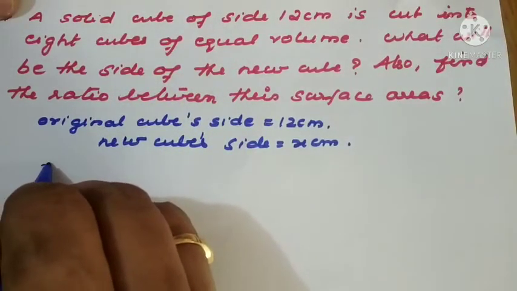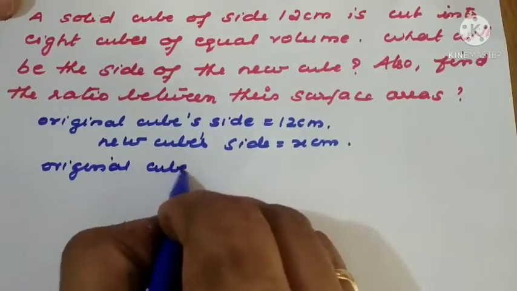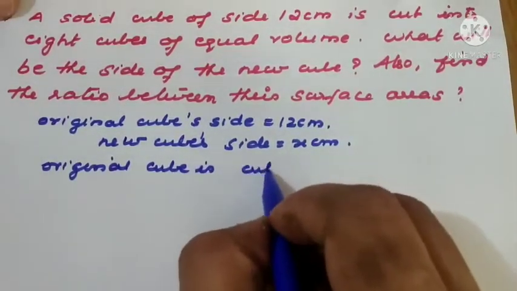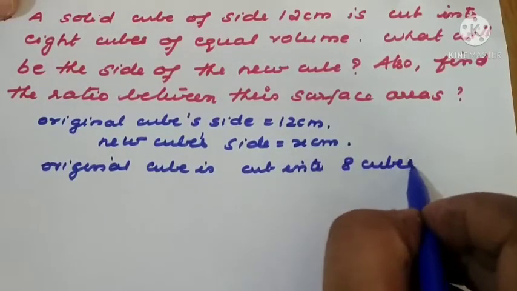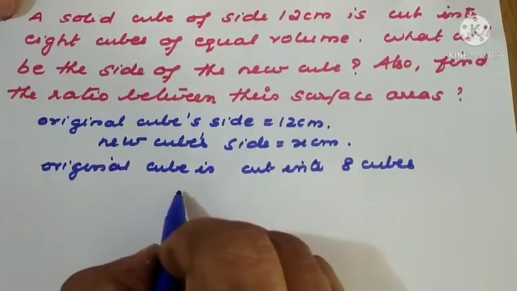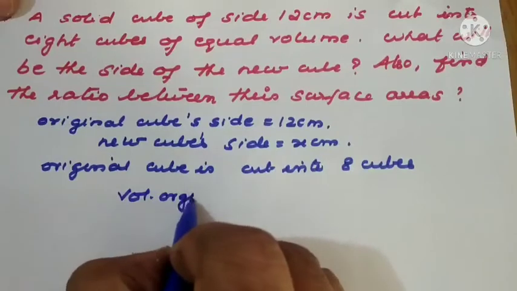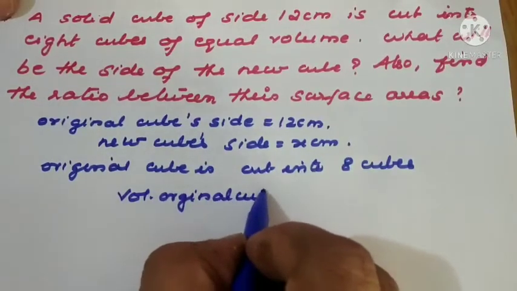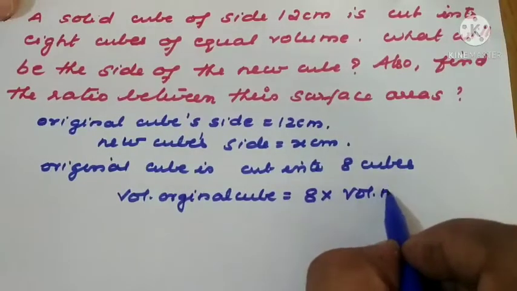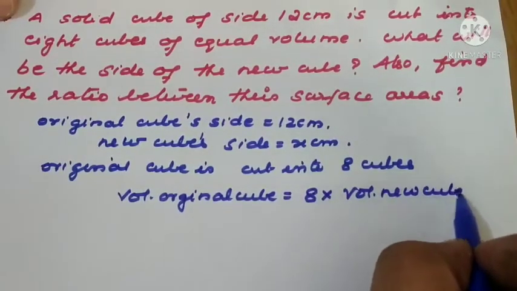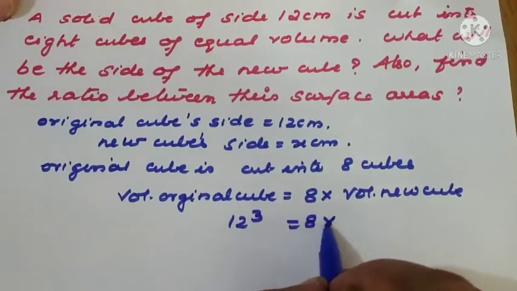The original cube is cut into 8 cubes of equal volume, so we can write: volume of original cube equal to 8 into volume of the new cube. That means 12 cube equal to 8 into x cube.